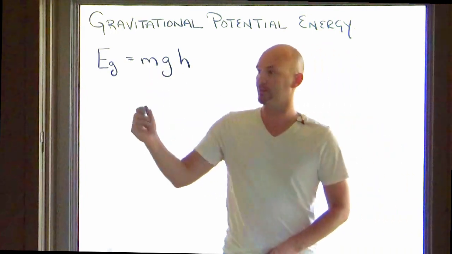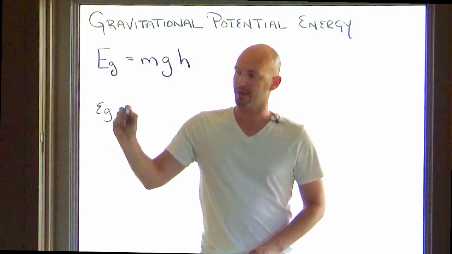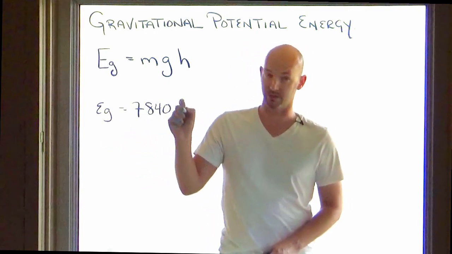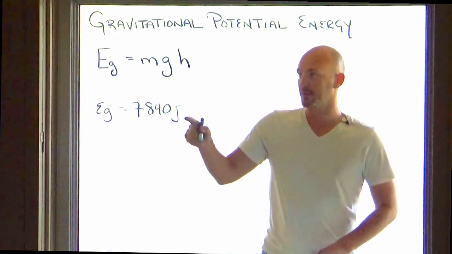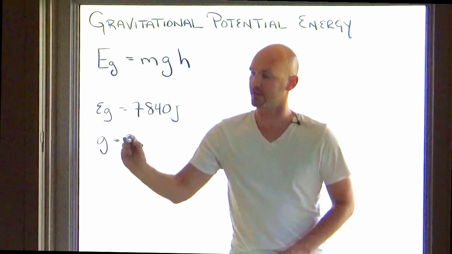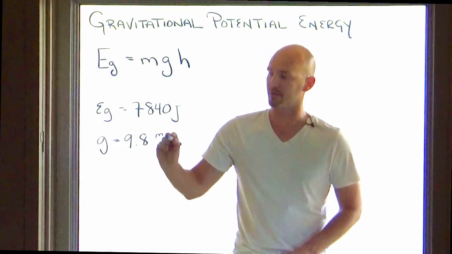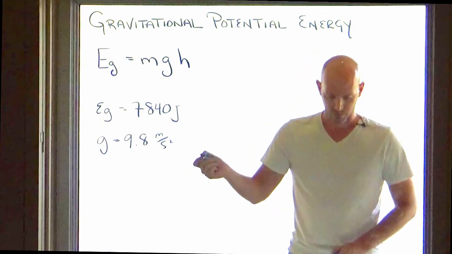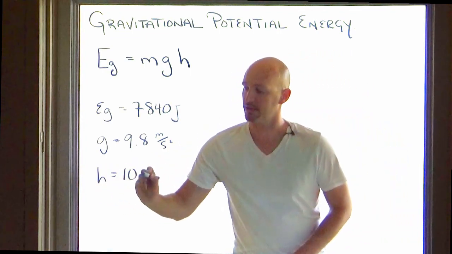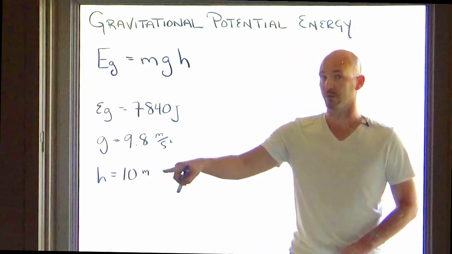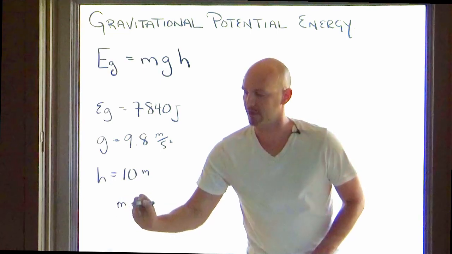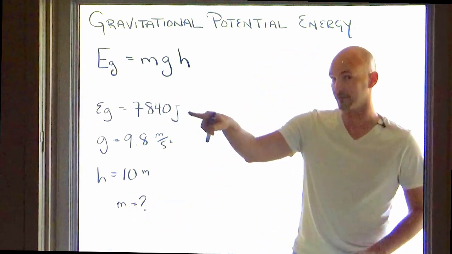So if I were to tell you that we started with this particular amount of energy, which is a weird number, but let's just run with it, and we happen to be throwing something under Earth's gravitational field, so we have an acceleration of 9.8 meters per second squared, and we are trying to clear a 10-meter object. Now 10 meters is pretty high. That'll get you clear over a 3-story building if you'd like. Just how much mass are we going to be able to throw using this amount of energy?